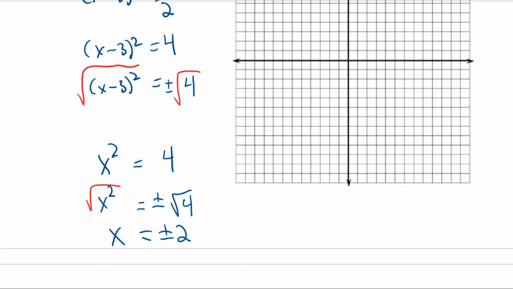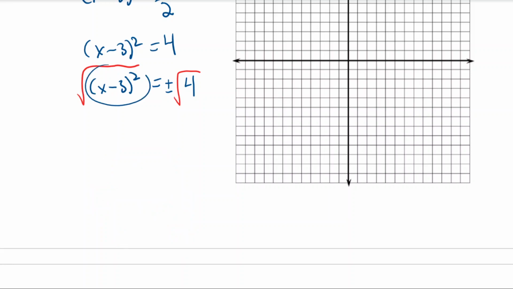So now we have something a little more complicated. Instead of this, we've got all of this. We're going to square root that, and that basically cancels out that squared. And then on the right side, we need this plus or minus because we have plus or minus 2 here. And then now we need to bring the 3 to the other side.